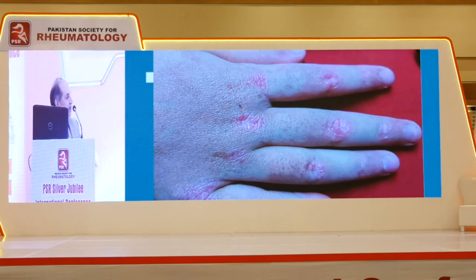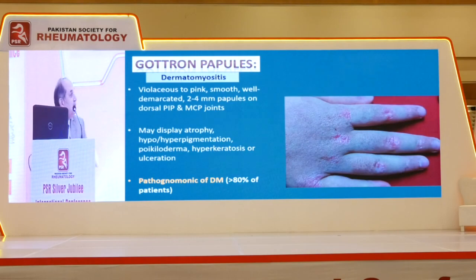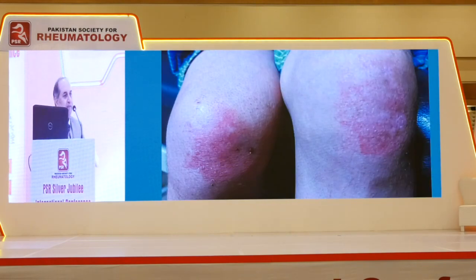But note the violaceous color; sometimes these papules and plaques have a smooth surface, but at times they become atrophied. These also develop ulcerations. And this is significant because these are Gottron papules. This is pathognomonic of dermatomyositis in more than 80% of cases. So we must look for these Gottron papules in patients with joint pain and systemic manifestations.